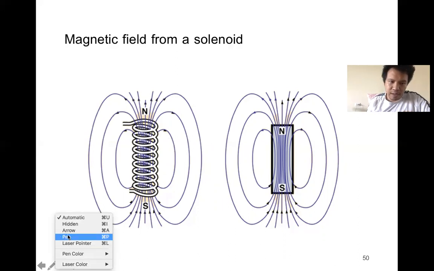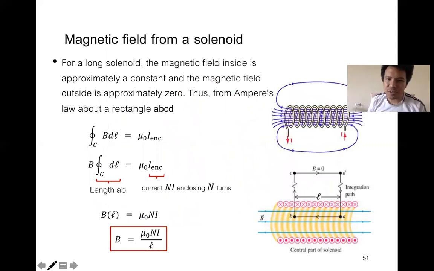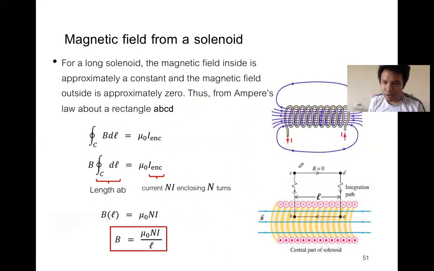So in this case, we always approximate that the magnetic field outside is about 0, because the magnetic field inside the solenoid is very strong compared to the outside. With that assumption, we use Ampere's law again to find the magnetic field within the solenoid. So here we create a rectangular Ampere loop.